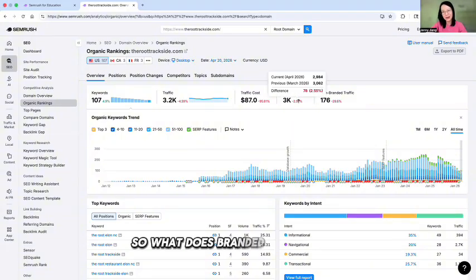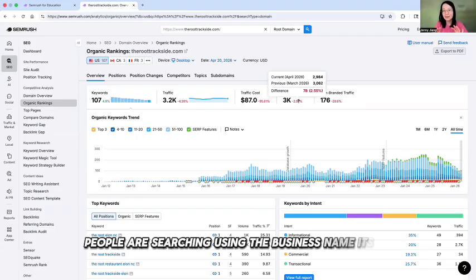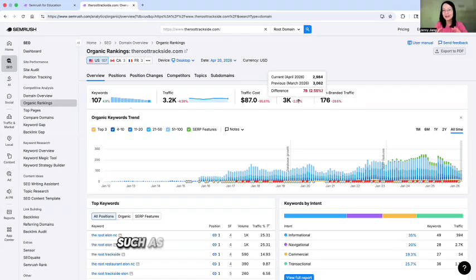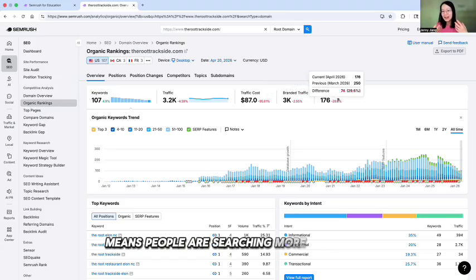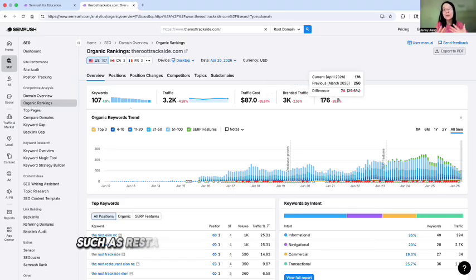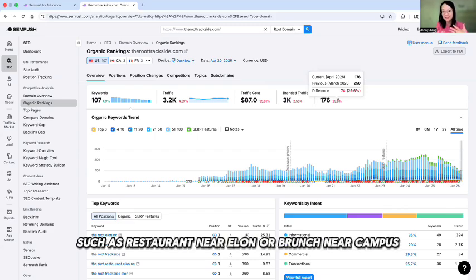So what does branded traffic mean? That means people are searching using the business name itself, such as The Root or The Root Trackside. And non-branded traffic means people are searching more generally, such as restaurant near Elon or brunch near campus.